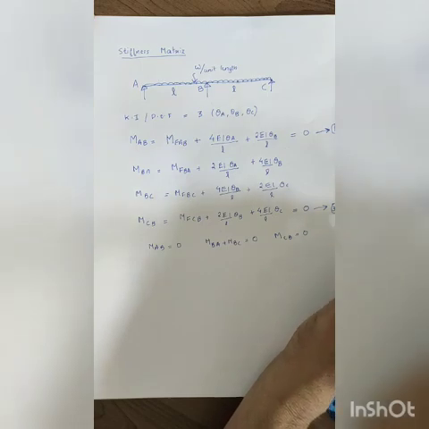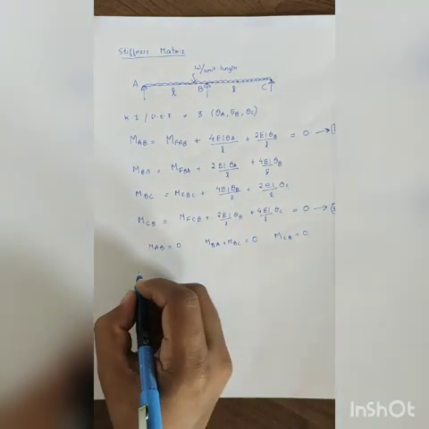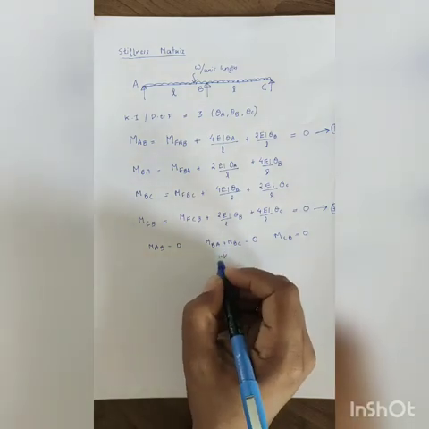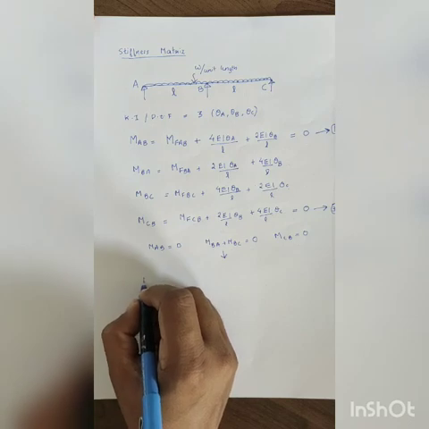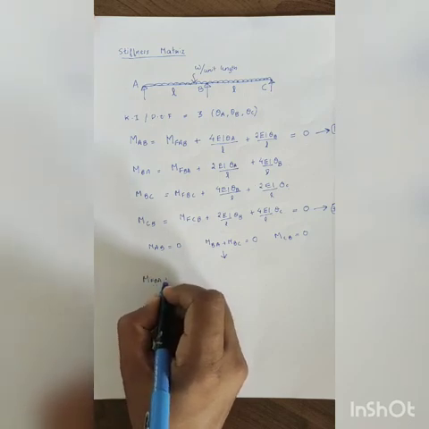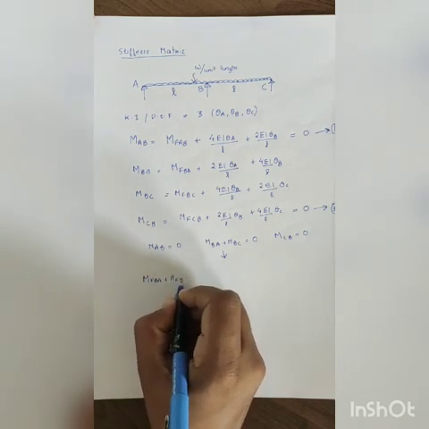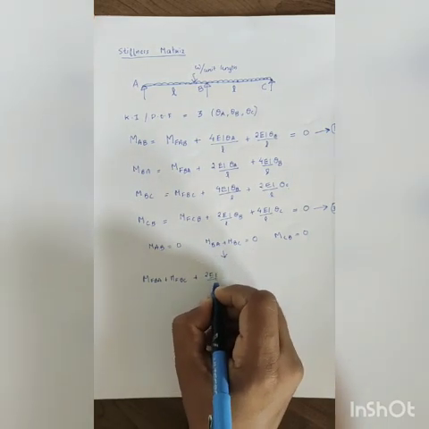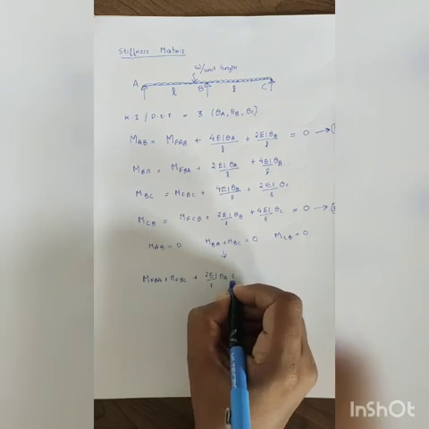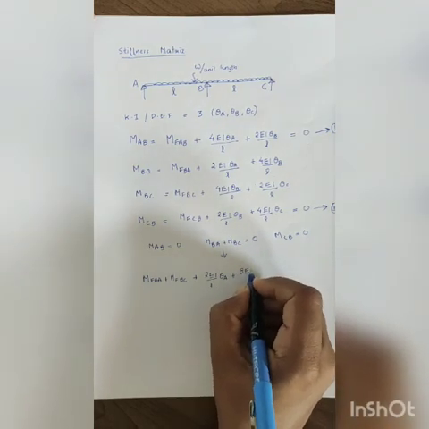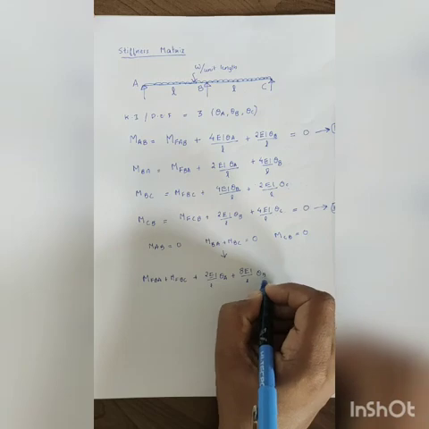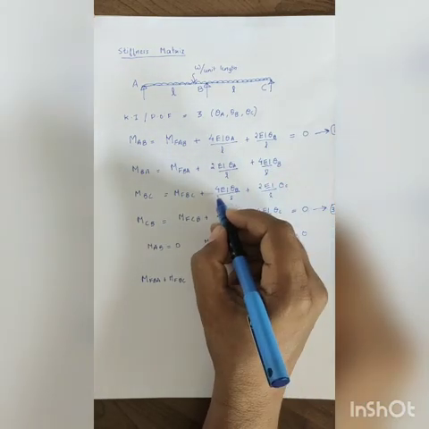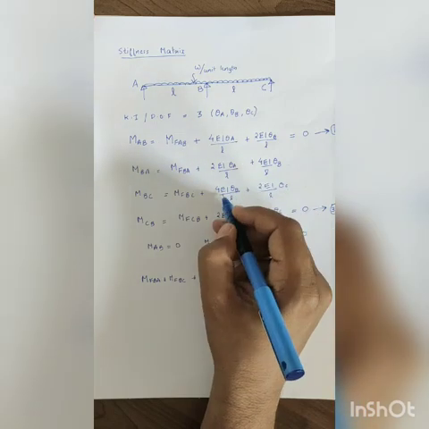So I am going to write this equation once again for your clear understanding. It will come as MFBA plus MFBC plus 2EI by L theta A plus 8EI by L theta B, because you see theta B, here it is 4EI theta B, here also 4EI theta B. So 4 plus 4 is 8.